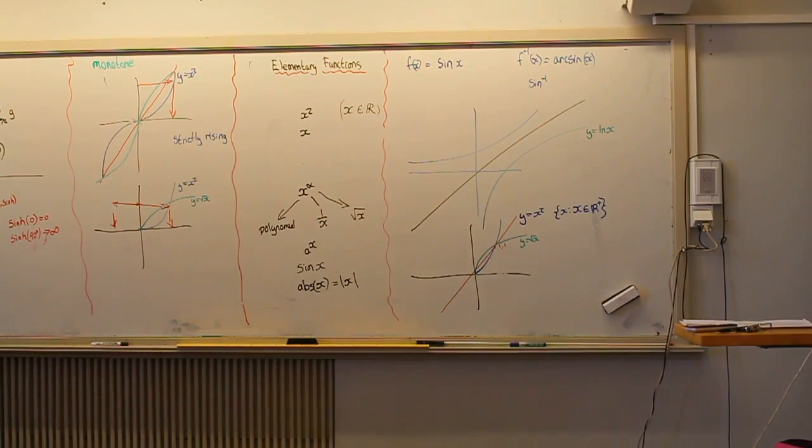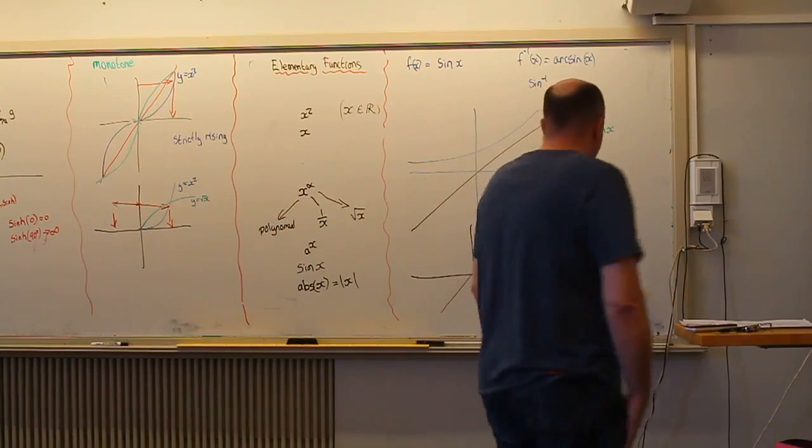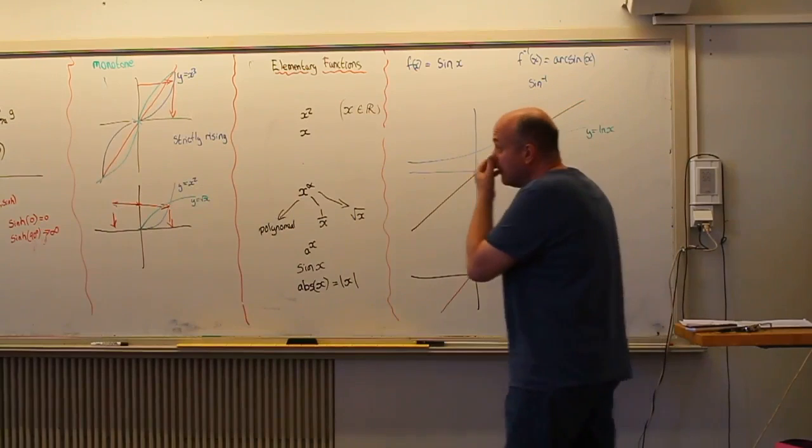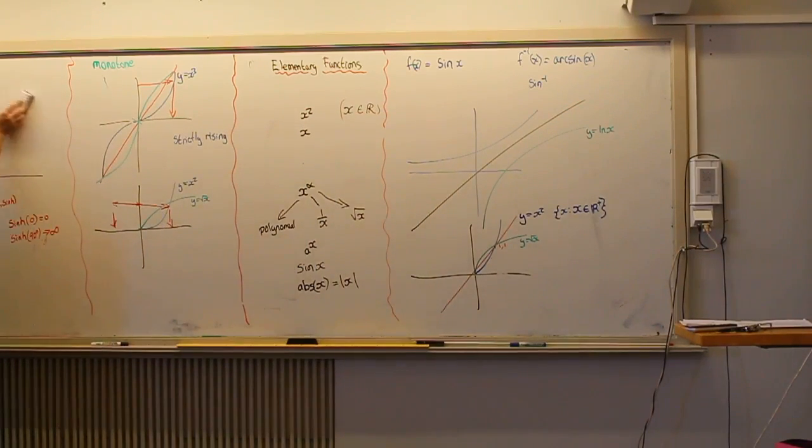What did we get? Okay, so 2 e to x, that is when x is equal to 0, that is 2. Oh, it's just 2.